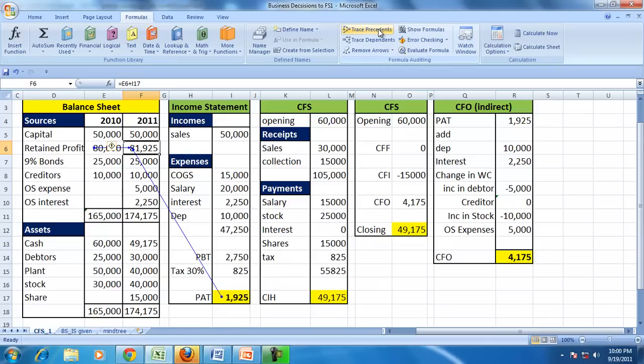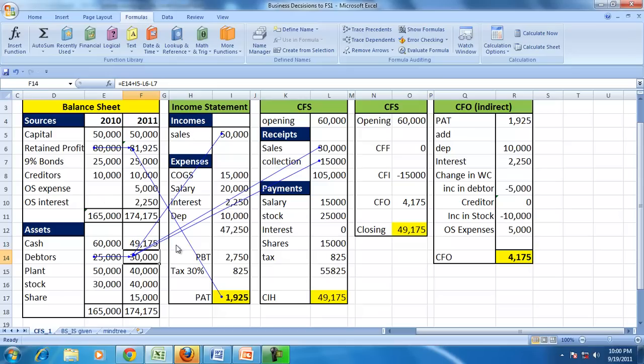The retained profit increase is reflected by the PAT which is shown in the income statement. No change in the bonds, no change in the creditors, but if you observe the debtors, the debtors have changed, and the change in the debtors is visible in the income statement and the cash flow statement.